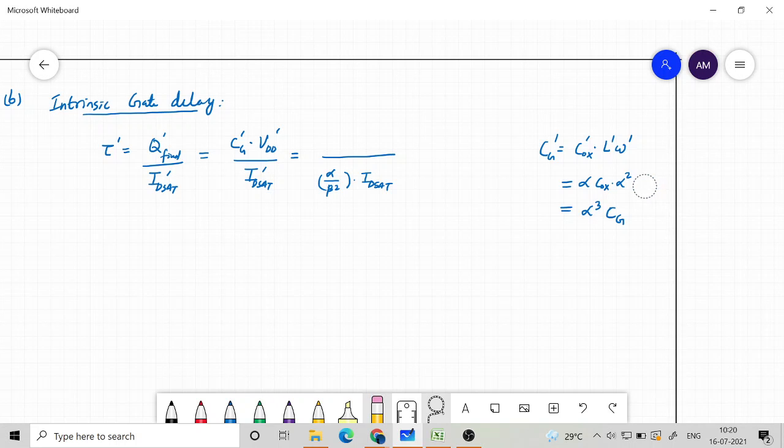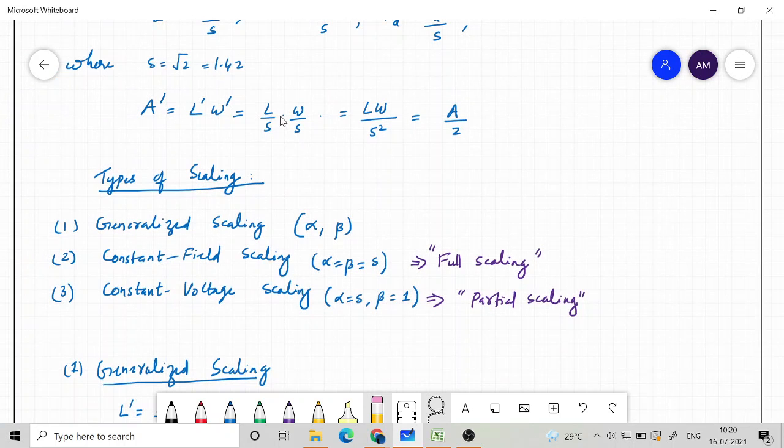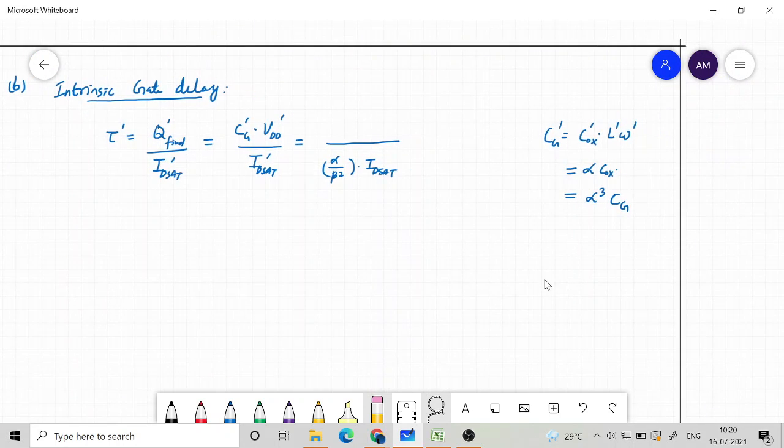The mistake is L dash is going to decrease, that's what we said, right? Scaling means length and width are going to be divided by S. So it should not be alpha cube.